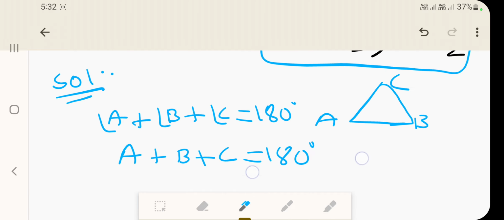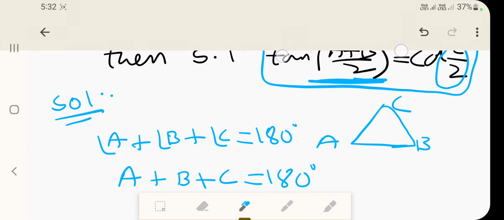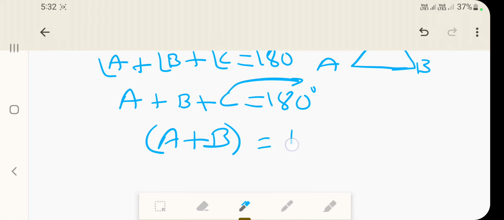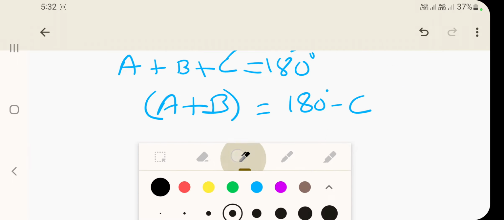You have to be careful that in the problem we have (A plus B) by 2 and on the right hand side C by 2. So we keep A plus B on the left hand side and take C to the right hand side. We get 180 minus C, and now divide both sides by 2.